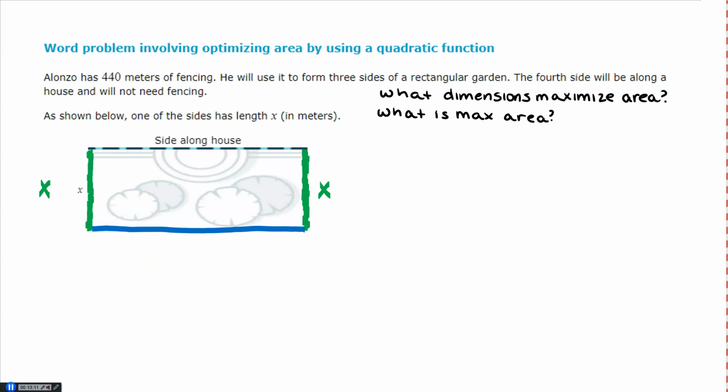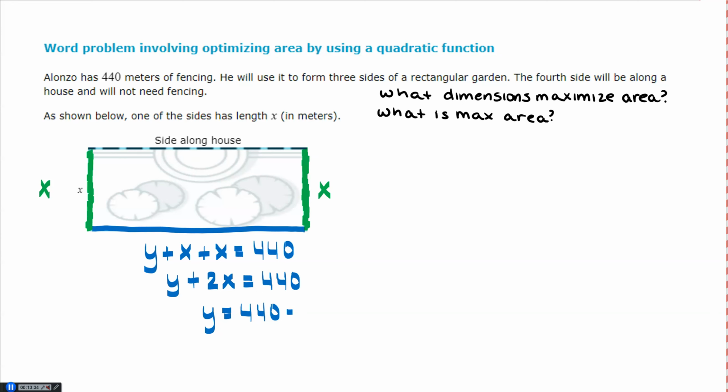So let's say y plus 2x equals 440. So y has to equal 440 minus 2x.